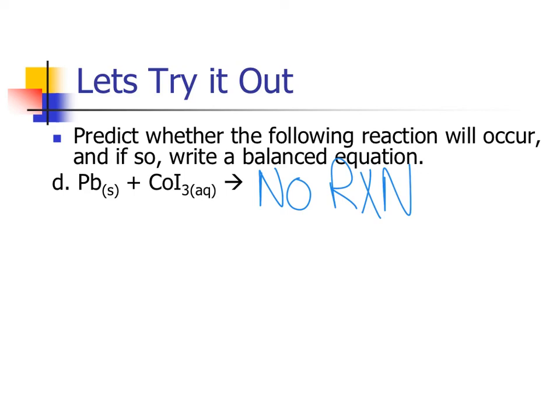Now, there are some cases with acids that you have to be very careful with, because some acids will react with a metal that you wouldn't expect, so we do need to be a little bit careful about that. That's why a lot of times we like to go into the lab, so that you can see some of these. Why did we use, say, hydrochloric acid to react with some things, or nitric acid?